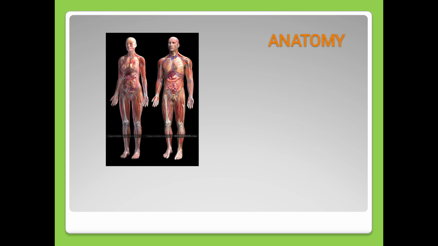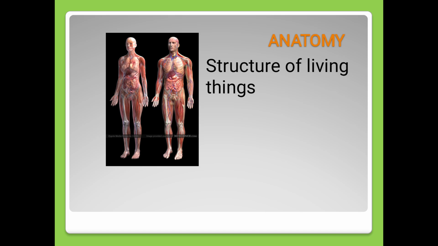It is further subcategorized into two categories. If we study the external parts of the body, it is called external morphology. If we study the internal parts, it is called internal morphology, and that internal morphology is called anatomy.